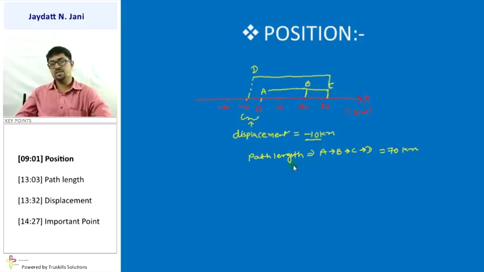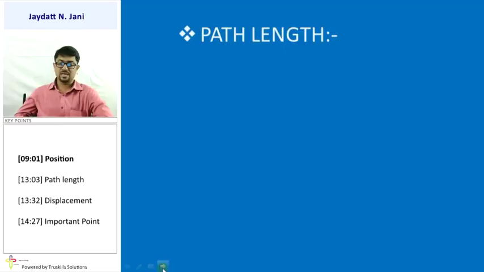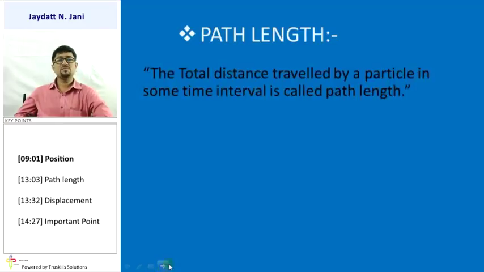And path length means whatever total distance covered by the particle, that is called as a path length. And position means, as we mentioned, the situation of any particle at that specific point. So now the path length means the total distance traveled by a particle in some time interval.